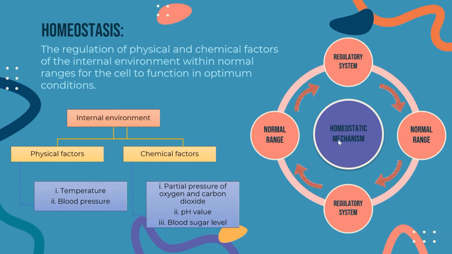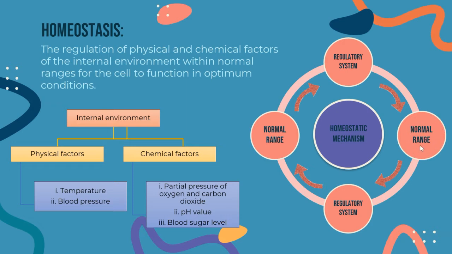For example, we take the chemical factors here, which is the blood sugar level. So if the blood sugar level increases above the normal range, what happened? There is a regulatory system that will decrease the blood sugar level to the normal range, and the blood sugar level will go back to the normal range.